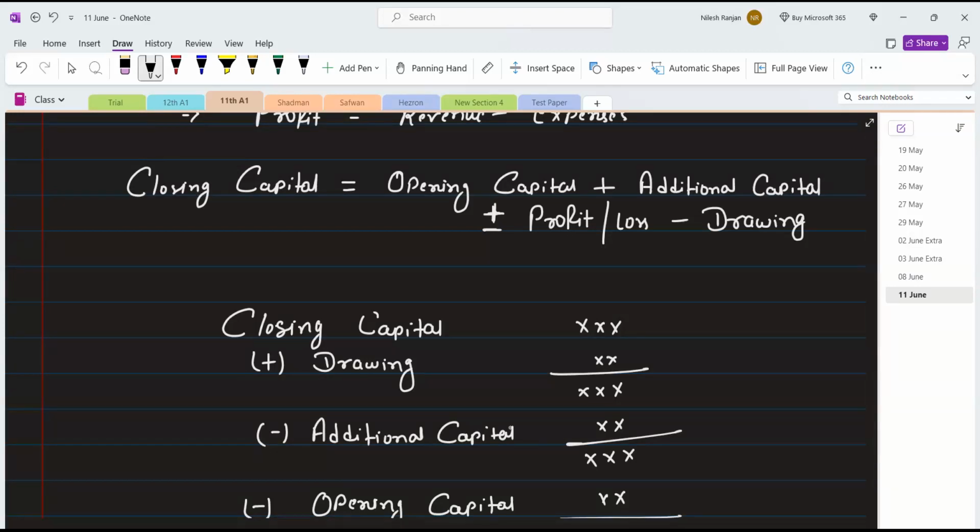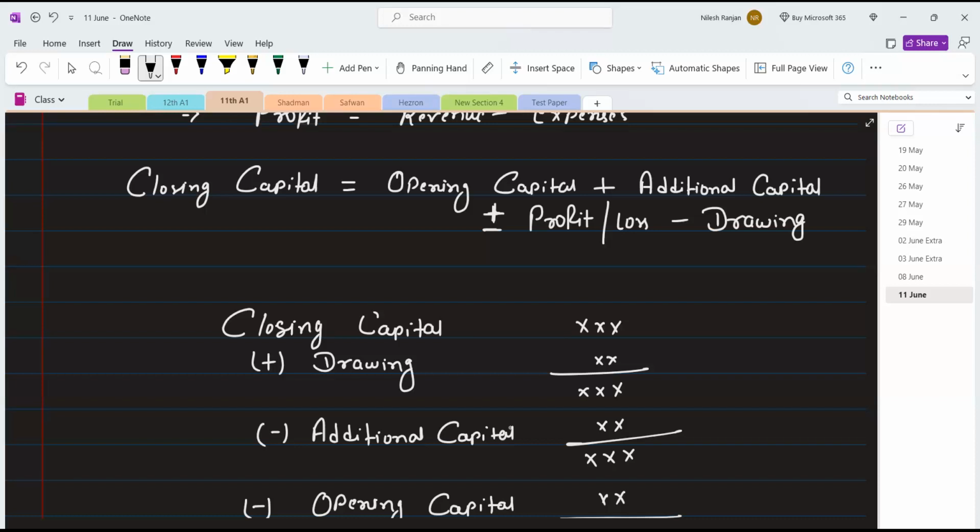In every question, if you need to calculate assets, liabilities, capital, opening capital, closing capital, you need to see on which date capital, assets, or liabilities are given. Sometimes assets are given for opening and liabilities for closing, but a student deducts one from the other and calculates capital, which is incorrect.